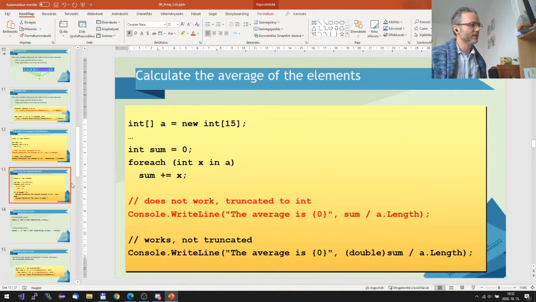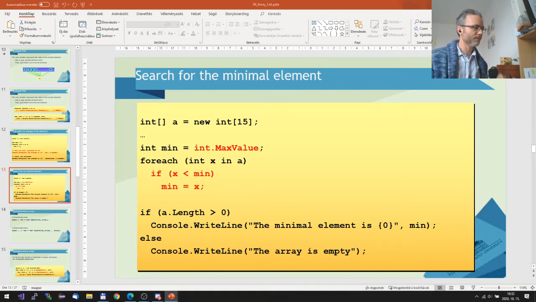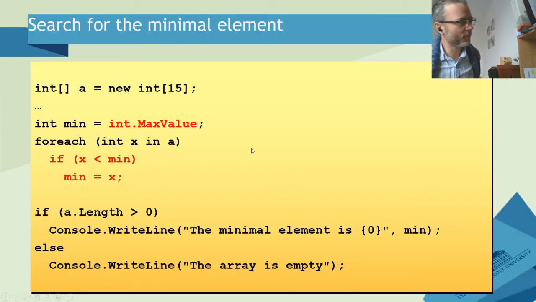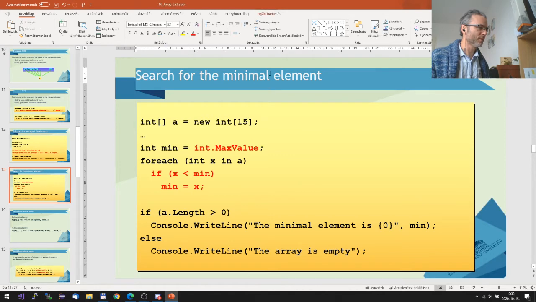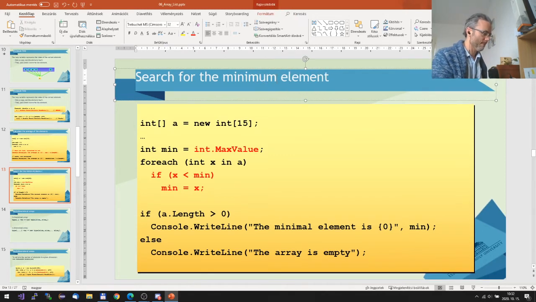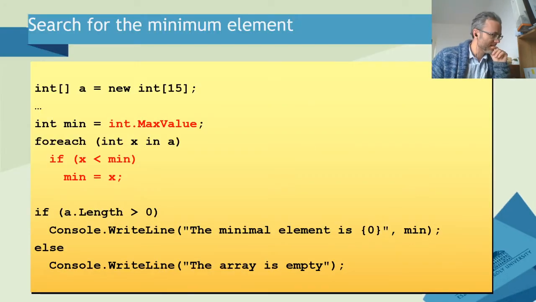Okay, guys, let's see another basic algorithm here. We are searching for the minimum element, for example. Okay, so this is a typical implementation. Again, you should traverse along the list from the beginning to the end, so therefore I'm using a for each loop, and in each iteration I'm checking if the current element is less than the minimum element so far.